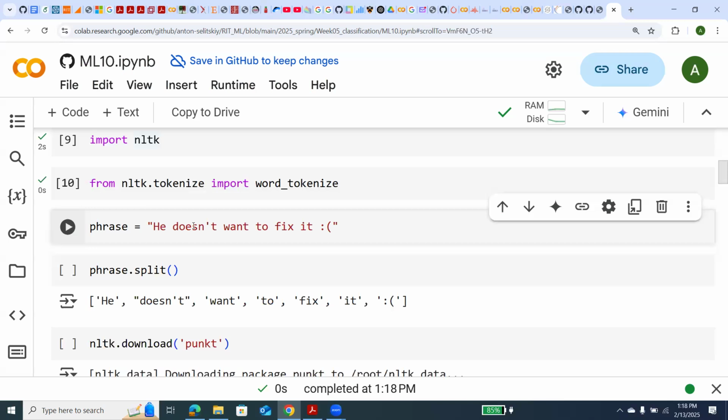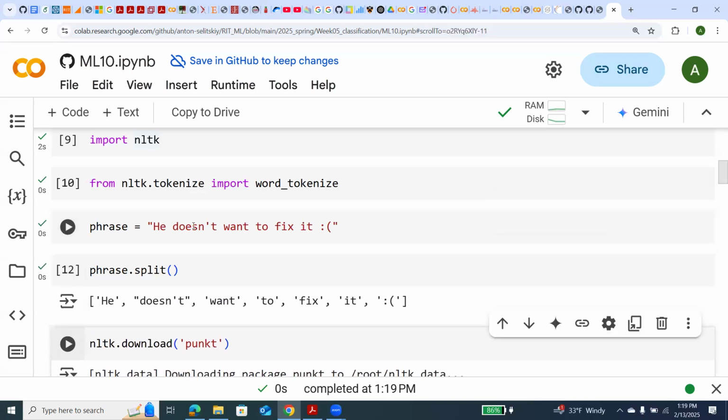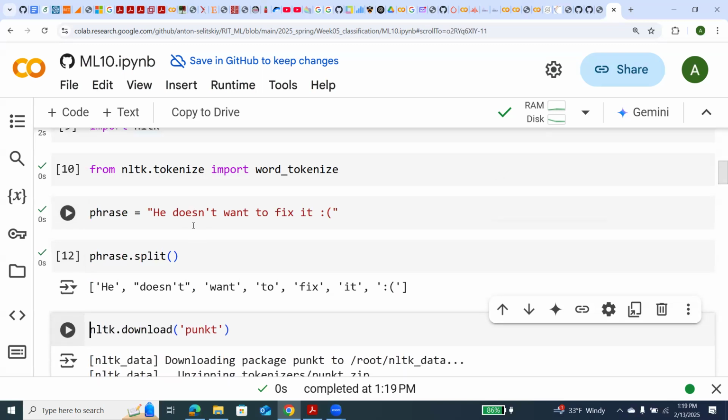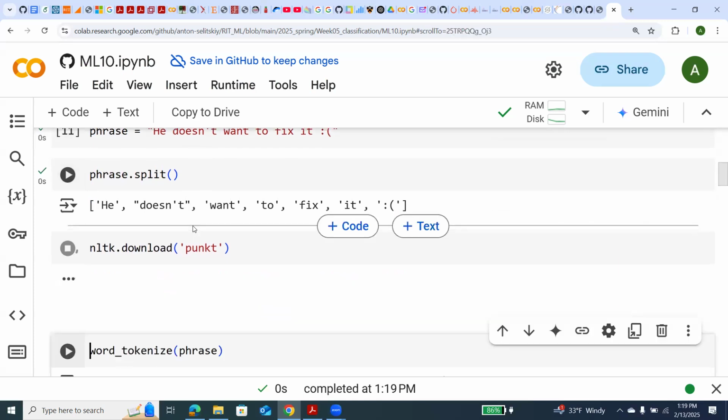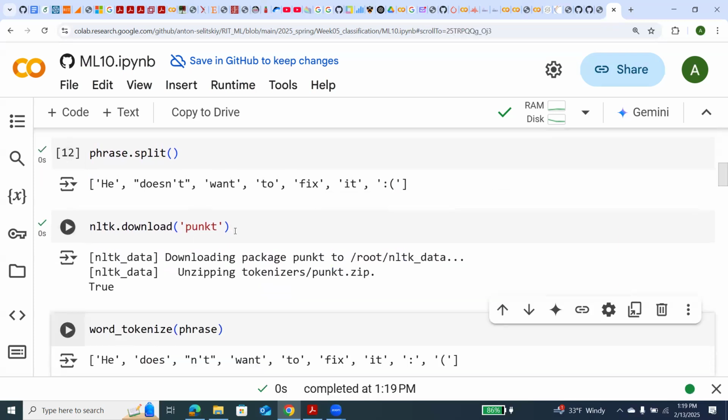And let's apply. So you can just split your phrase, but it will split by space. But for example, if you want to split the verb and negation, there is punctuation.